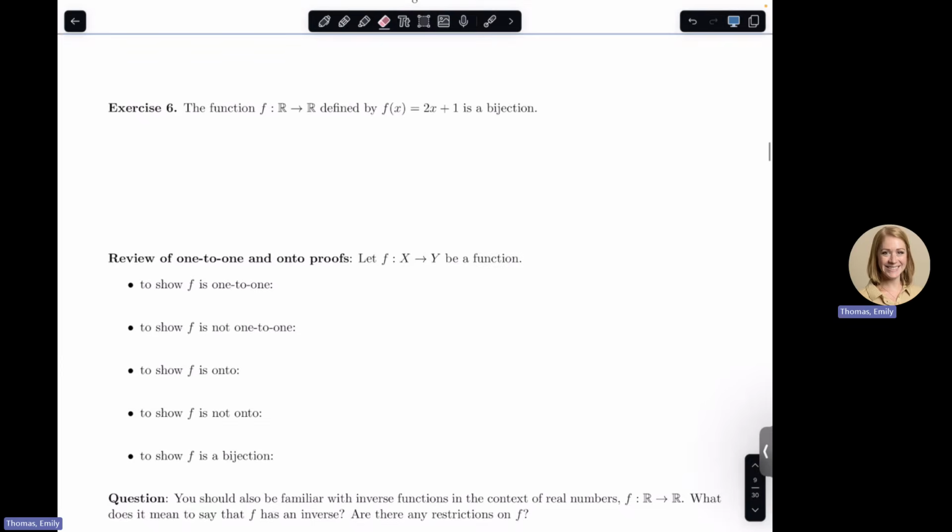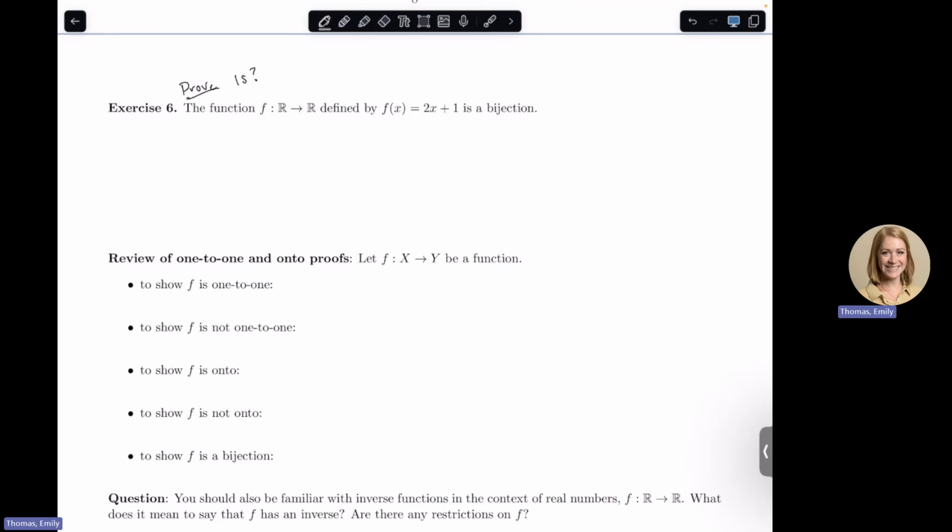So the function, there's no exercise here. Is this function from R to R given by f of x equals 2x plus 1 a bijection?